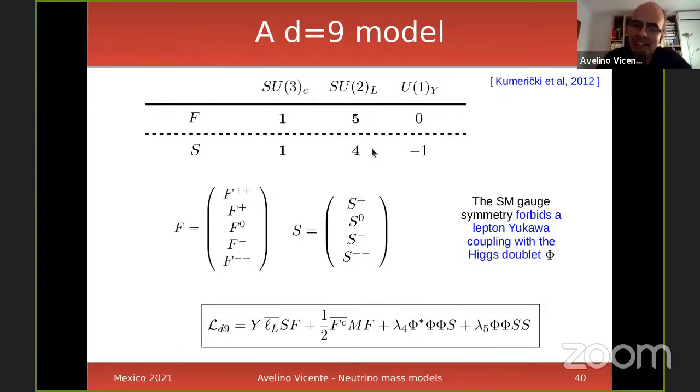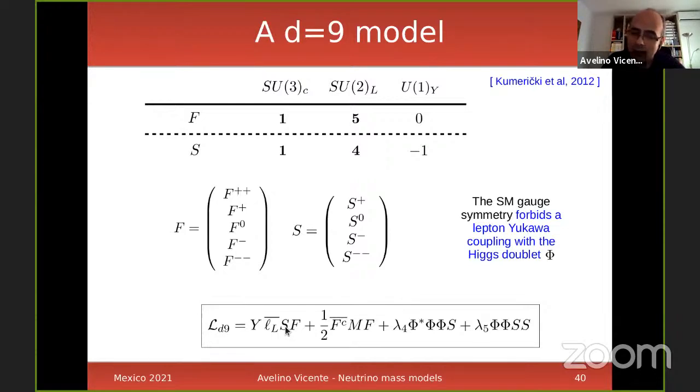Now, what is the idea behind this? The idea is that since this guy is a 5-plet, you cannot couple it through the standard model Yukawa with the lepton doublet and with the Higgs doublet, because SU(2)_L would be broken. So a coupling of this type that I write here, if instead of S you have the standard model Higgs, is forbidden due to the SU(2)_L symmetry.